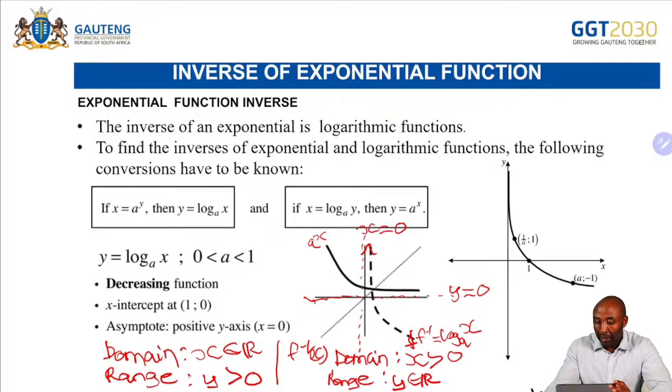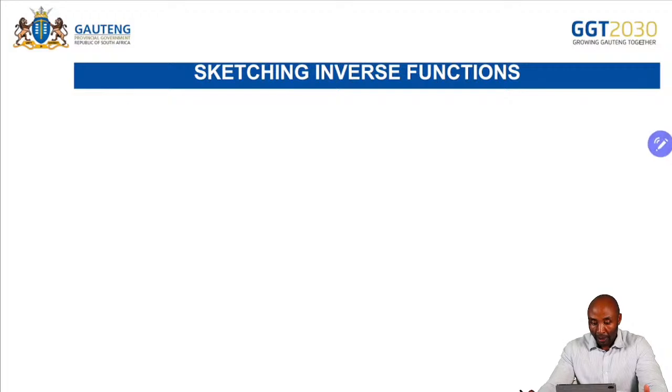I hope you are seeing the same discovery we made with our linear function, where we said x and y swap, and the x-intercept becomes a y-intercept on the inverse function. The domain of the original function becomes the range for the inverse function, and the range of the original function becomes the domain of the inverse function. Let's move along.